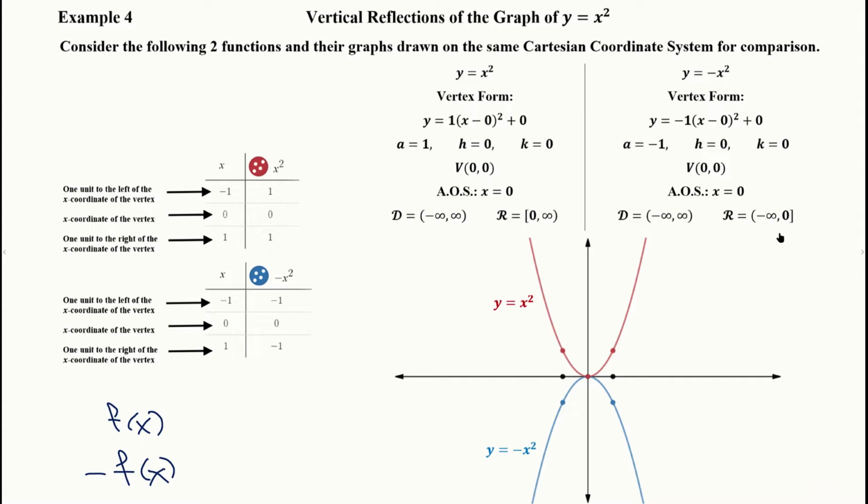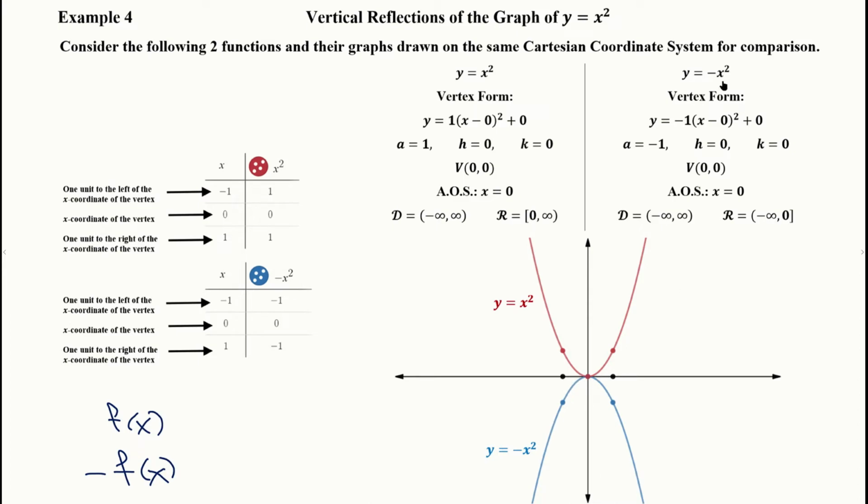Their domains are the same, of course, because any value of x can be plugged into either x squared or negative x squared. Ranges are very different because when it comes to y equals x squared, the range is going to be all non-negative real numbers. When it comes to the graph of y equals negative x squared, the range is going to be the set of all non-positive real numbers, meaning 0 or anything lower than that.